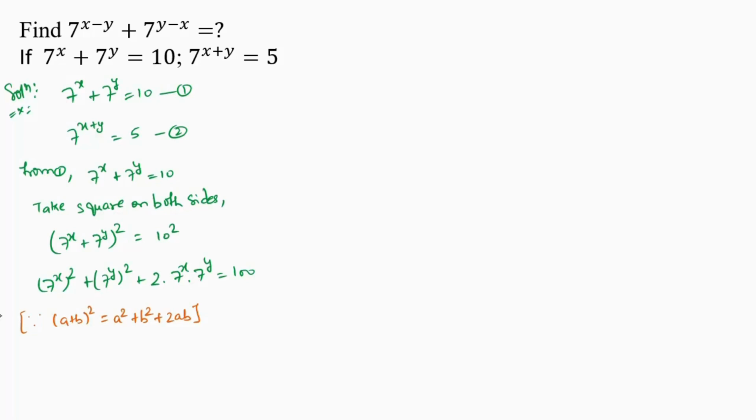So on solving further, we get 7 raised to power 2x plus 7 raised to power 2y plus 2 times 7 raised to power x plus y equals 100. And we already know the value of 7 raised to power x plus y, that is 5, from equation 2. So substituting the value, we get 7 raised to power 2x plus 7 raised to power 2y plus 2 times 5 equals 100.